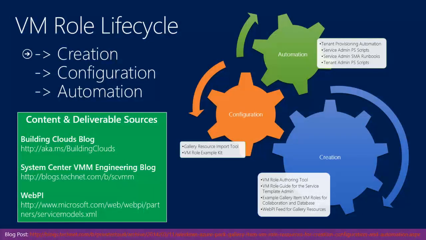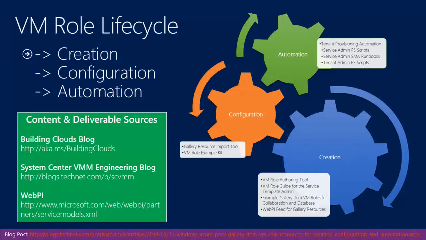If you've been to the blog, I posted this image and the concepts up a couple months ago, because I wanted to use it as the all-up page for VM roles and their life cycle. And all these live up on the blog.